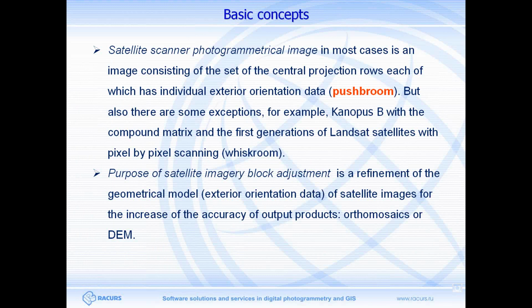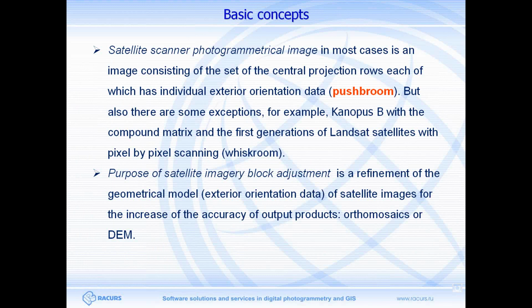But as I already said, we'll talk basically about push broom scanners, push broom sensors. The idea is to talk about the input resolution of satellite imagery, input conditions of the survey, and the accuracy of output products, like, first of all, ortho, mosaic, or digital elevation models.